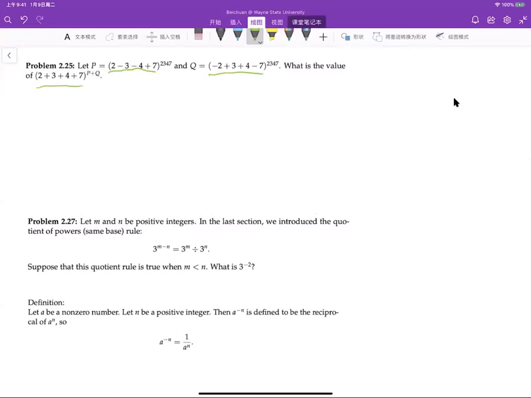So let's find them out. What is the base for P? That's easy, that will be 2. So 2 minus 3 minus 4 plus 7, that's 2. P is 2 to the 2, 3, 4, 7. Then Q is negative 2 to the 2, 3, 4, 7.